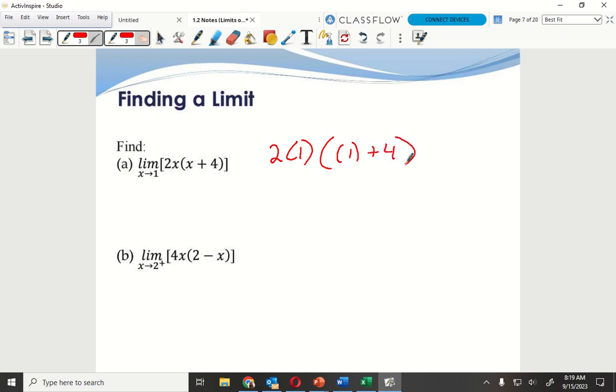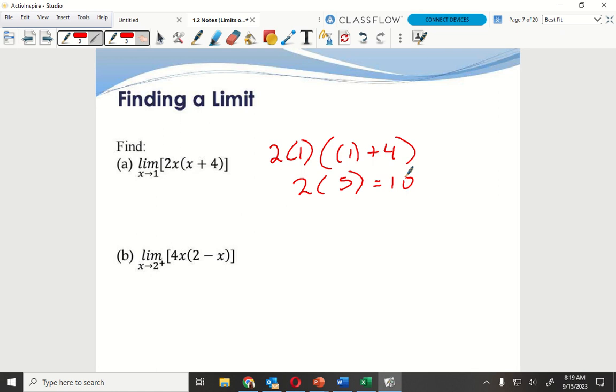It makes my life easier because I can always see what was plugged in in replacement of the x's. So 2 times 1 is 2, and then 4 plus 1 is 5, which gives me 10. All right? Now, this one says 2 to the right. This one is not going to be a problem because there are no restrictions here.